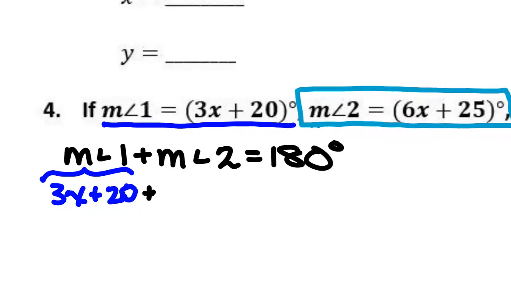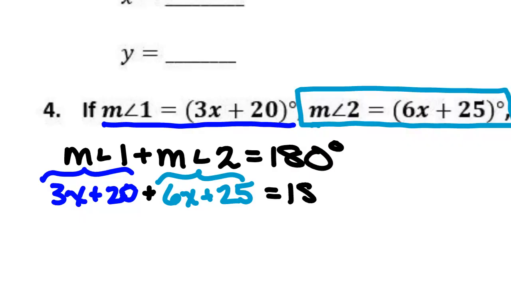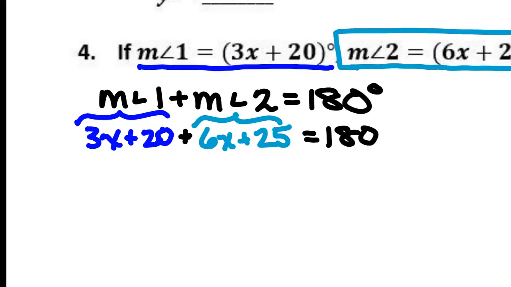In the place of the measure of angle 2, I put 6x plus 25 equals 180.